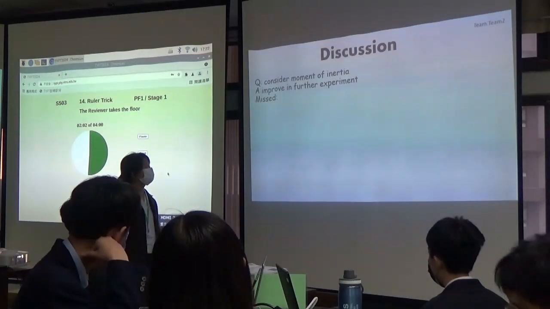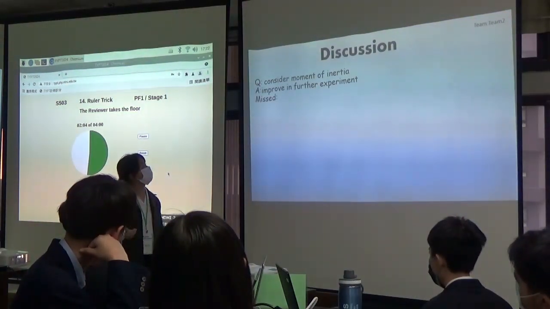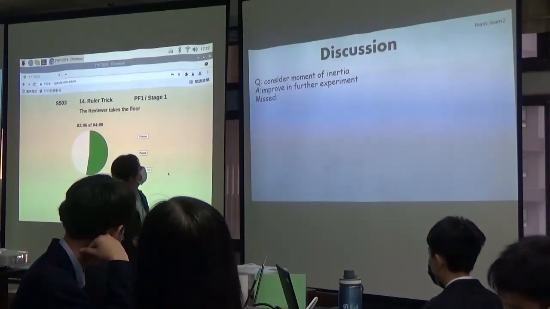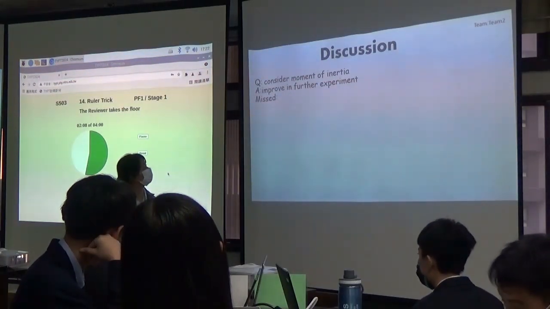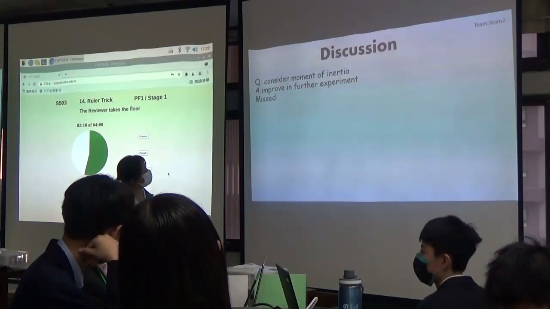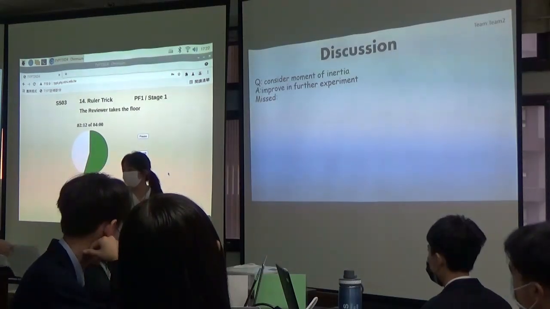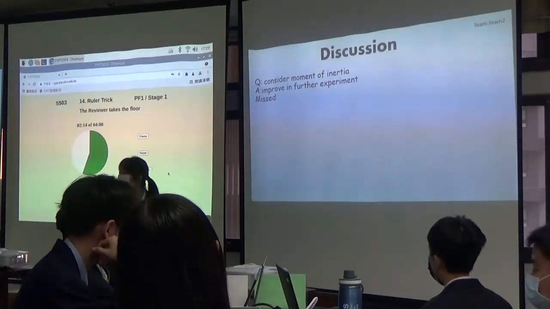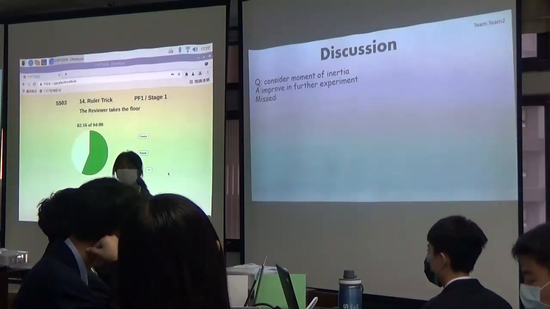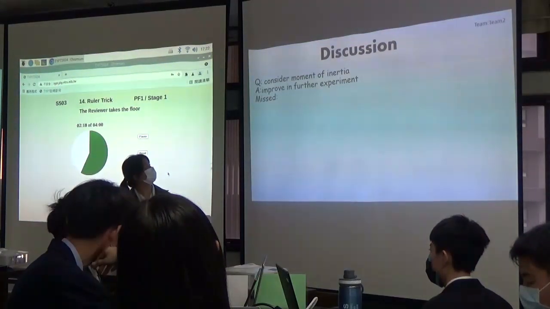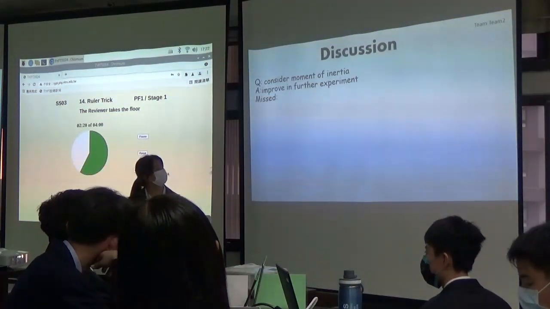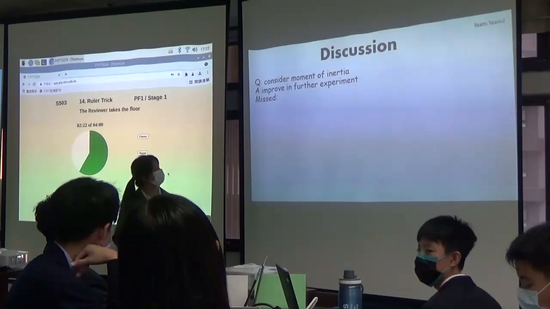The opponent also asked about the moment of inertia, and the reporter said he would improve it in further experiments.